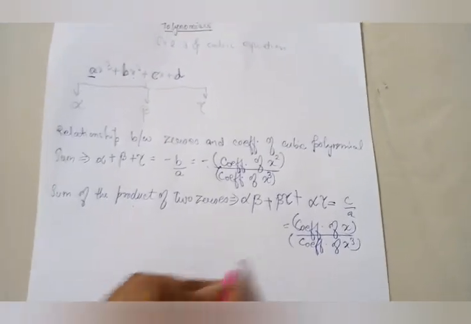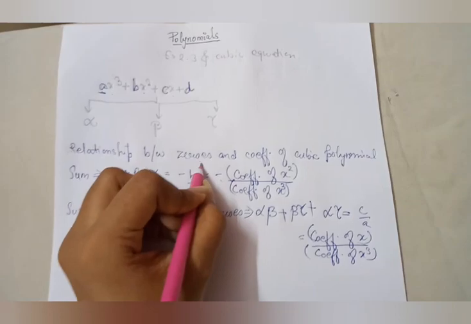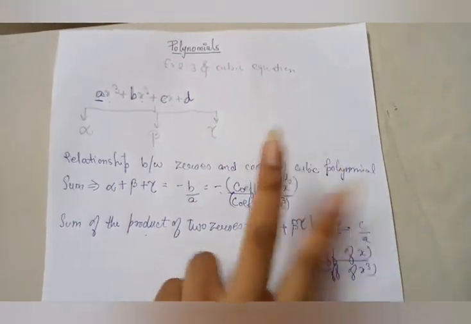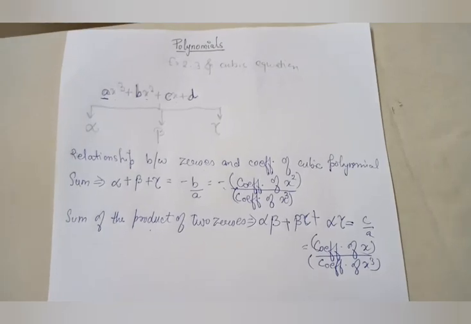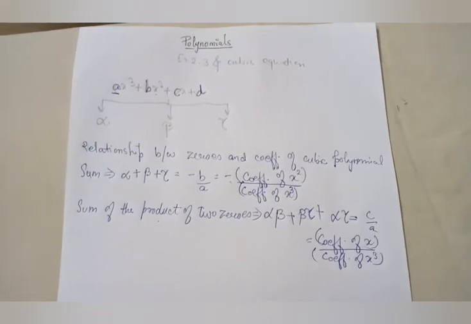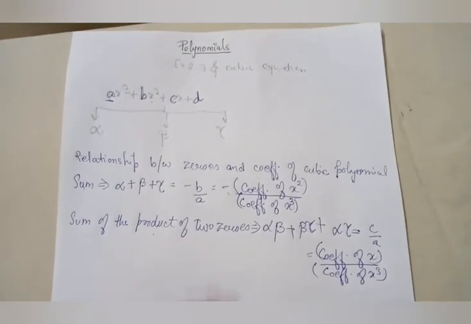Now the third relationship. As you all know, we can form only two relationships in a quadratic, but for a cubic equation we can form three relationships.